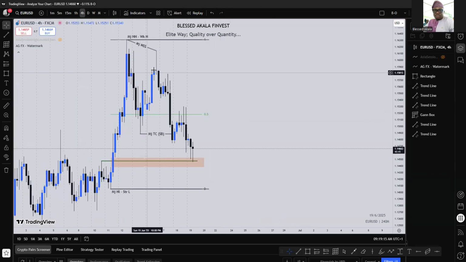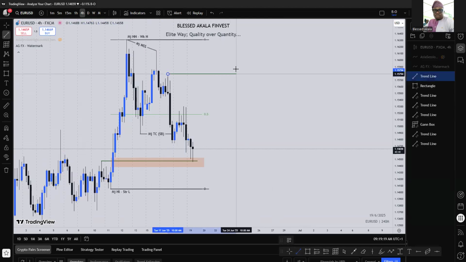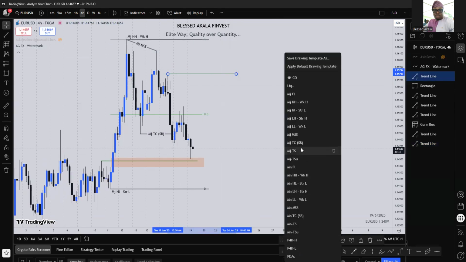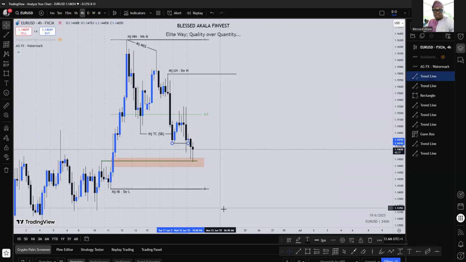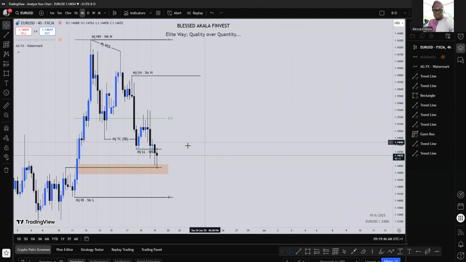Money has been transferred from this level to this place, so automatically it becomes stronger, and then here becomes a weak low. With what we have from yesterday, this can potentially serve as a mitigation block, preventing price from going higher.